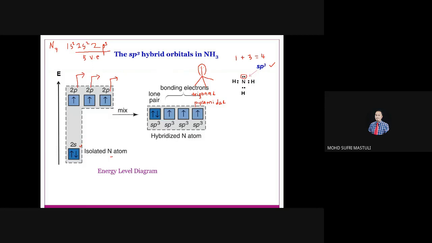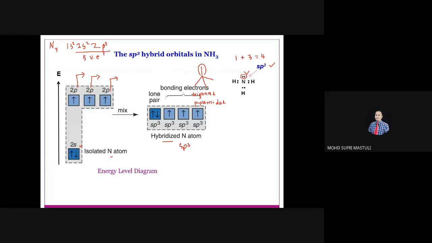But we still have to do the hybridization of sp3 because it has one lone pair. So in this case it is a bit different. No need to transfer one of the electrons to another orbital because it's enough.